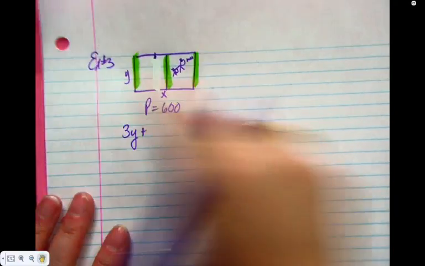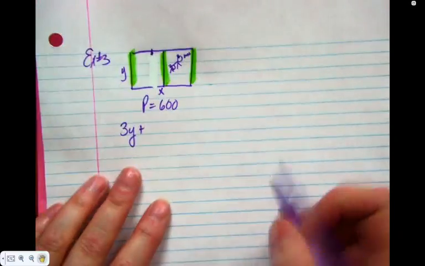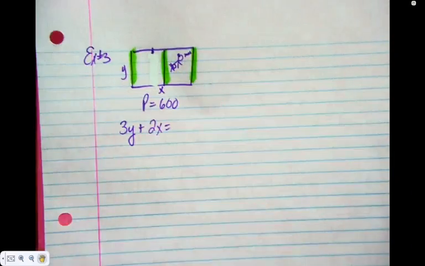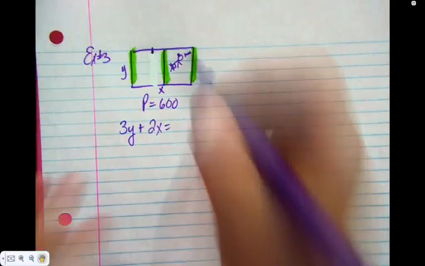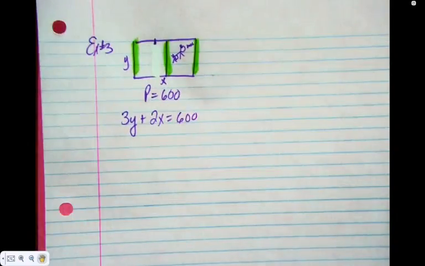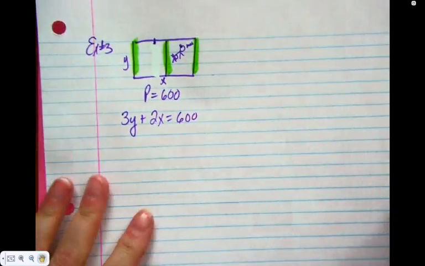Gotcha. So we got 3 y's. How many x's do we have? What does that have to equal? Now what?